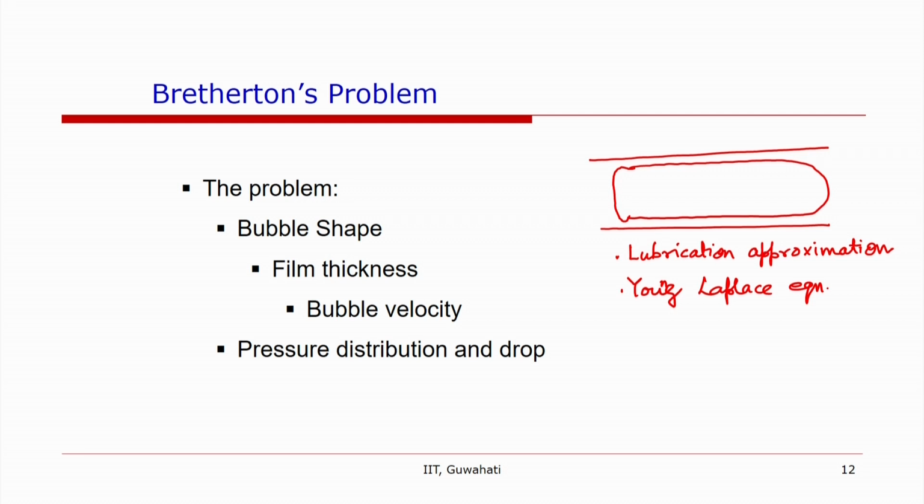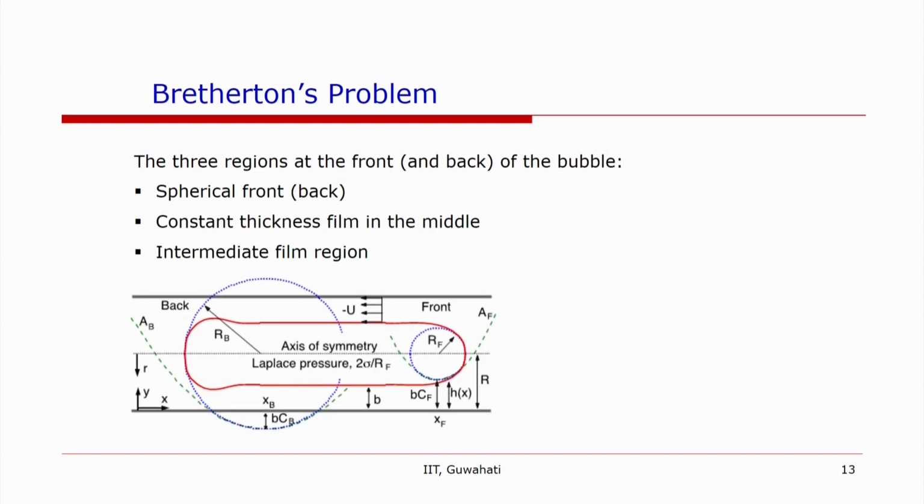From those two equations, he was able to find the bubble shape, and more usefully the film thickness, and as we have seen, from the thickness we can also find the bubble velocity and the volume fraction. He could also find the pressure distribution and the total pressure drop across the bubble. Okay, so we will look at this problem in a bit more detail now.